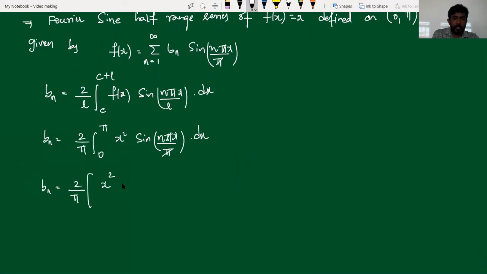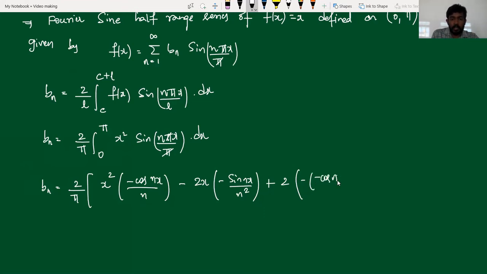This is first function into integration of sine, which is minus cos nx divided by n, minus sign from the Bernoulli rule. Differentiation of x square is 2x into minus as it is. Integration of again cos is sine nx divided by n. N into n becomes n square, plus 2x differentiation will become 2 into minus of sine, integration is again minus cos nx by n cube.